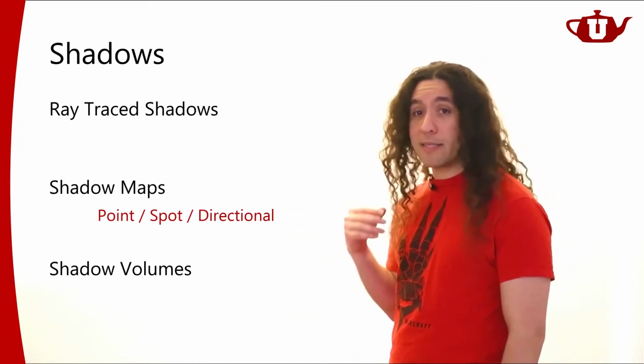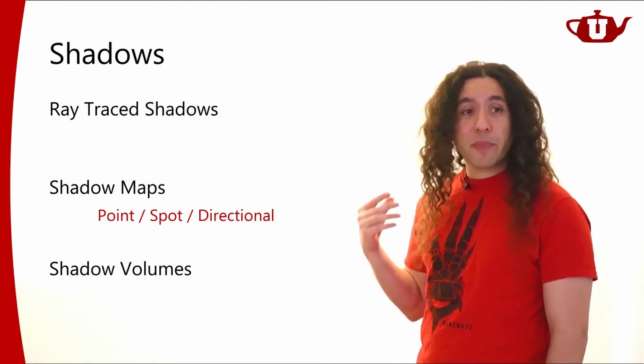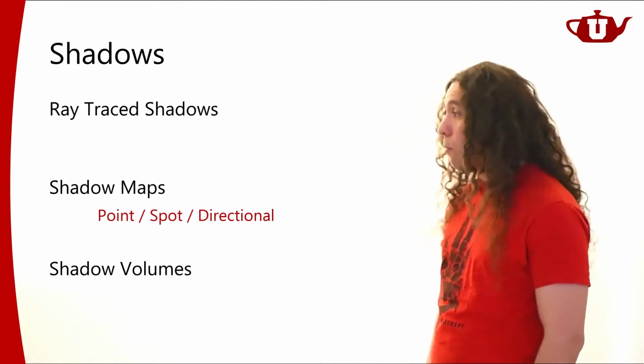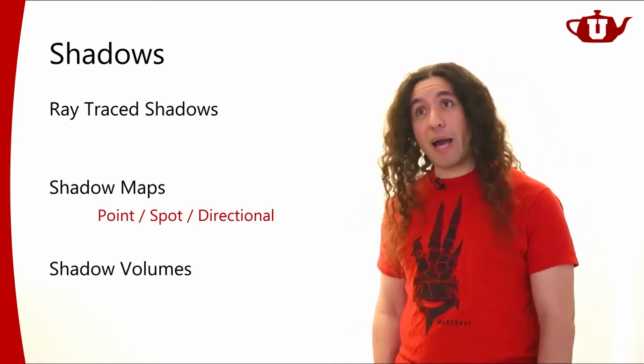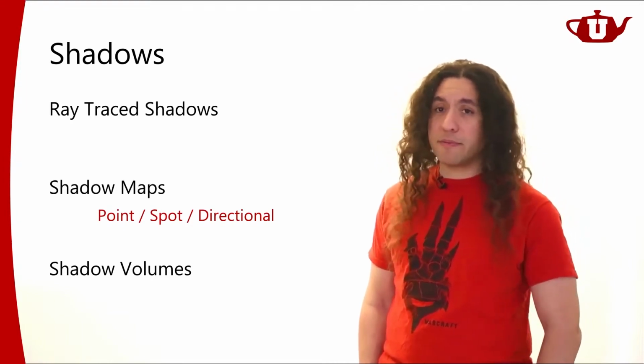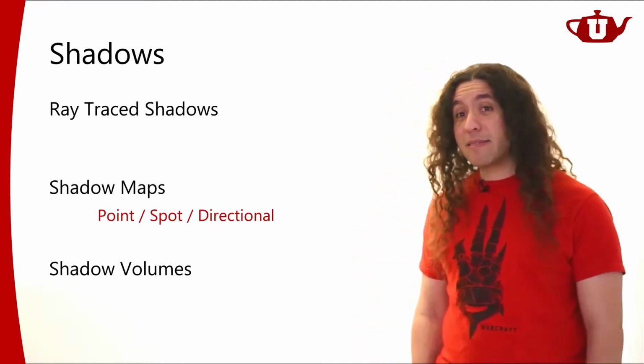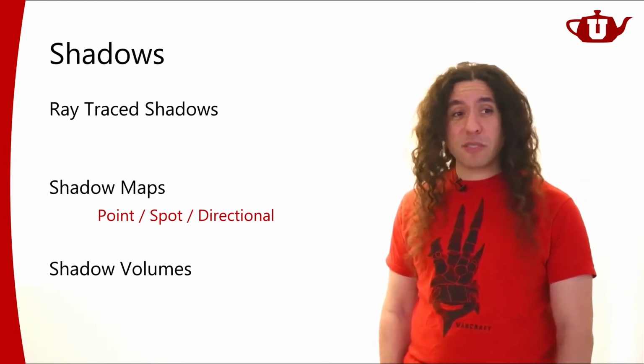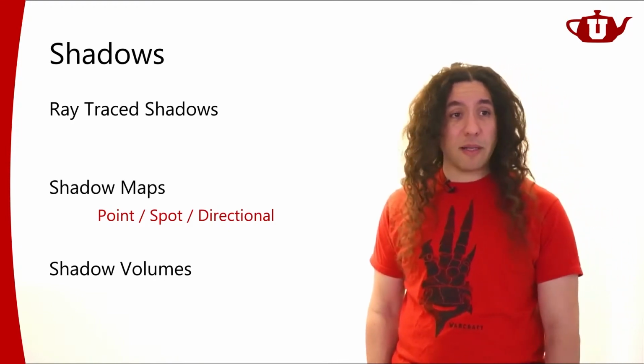It can work for point lights, spotlights and directional lights. You won't be able to use them for area light sources that well. There are ways of approximating shadows from area light sources using shadow maps, but they're not going to work so well.